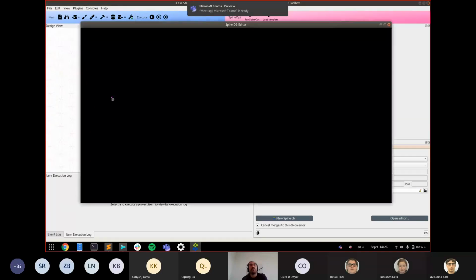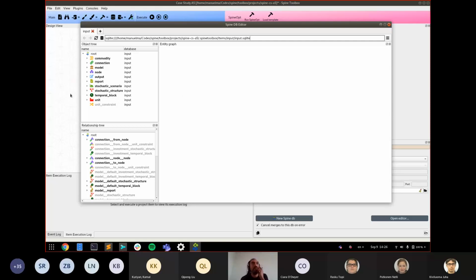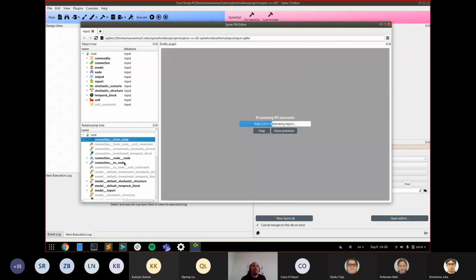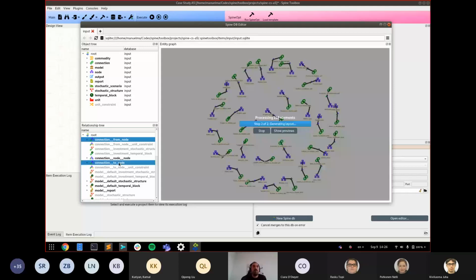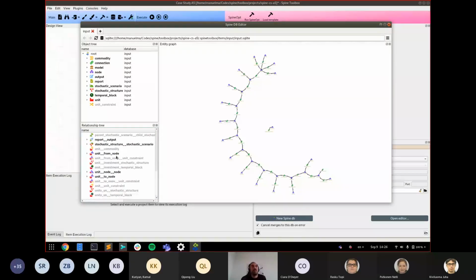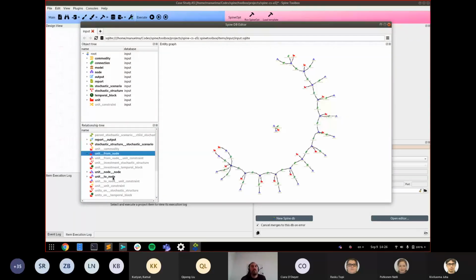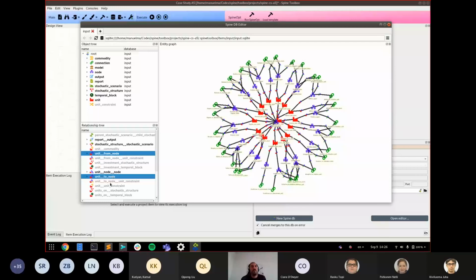So I wanted to show you some data here. I just wanted you to look at the topology of the river that we can beautifully see, in my opinion, using this graph diagram. So here is the entire system.